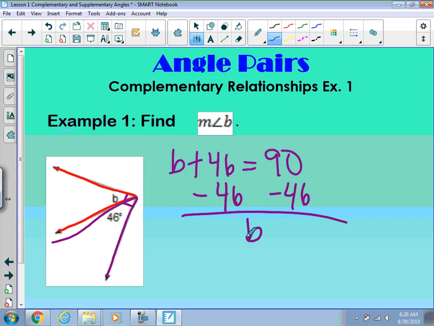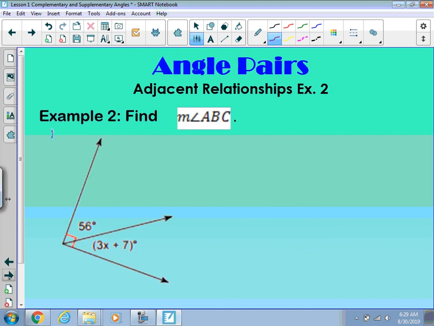So B is going to equal 44. And in this case, it's 44 degrees because we're talking about a part of an angle. It's not a value of just a letter. So 44 degrees there.